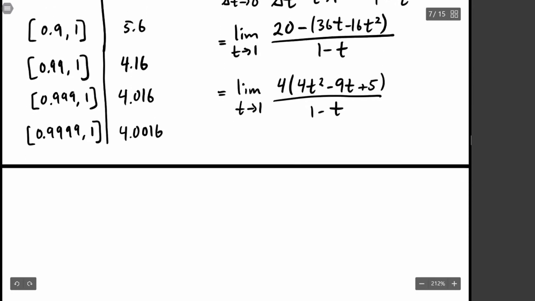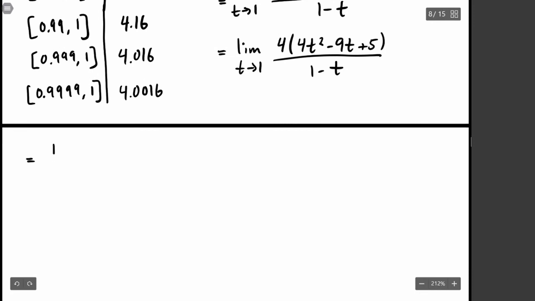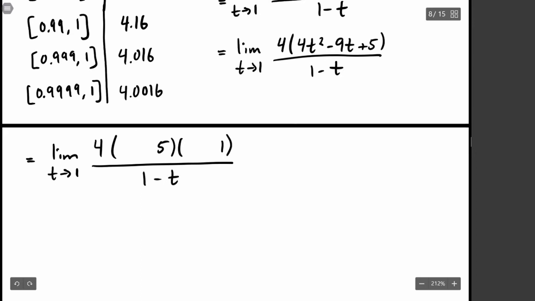Right, so let's continue this limit computation over here. Limit as t approaches 1. Let's see, can we factor this? I hope so. One of these is going to be a 5. One of these is going to be a 1, if we can factor it. Let's see. So if we do 4t minus 5 and then t minus 1, this should work out. All right, excellent. It does.